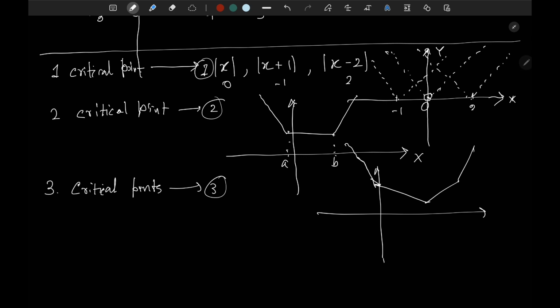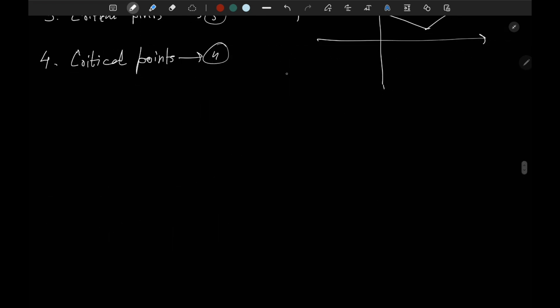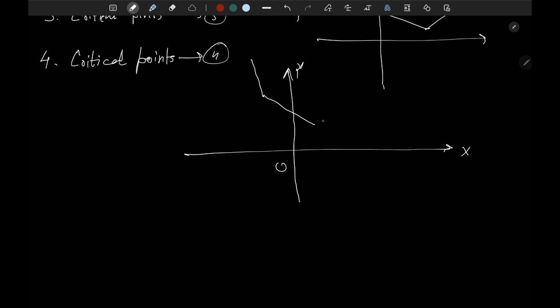Now by intuition, can you figure out, if we have the number of critical points as 4, how will that graph look? That graph will look something like this. If you have thought something like this, then you are absolutely correct.